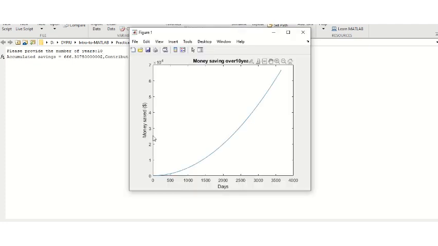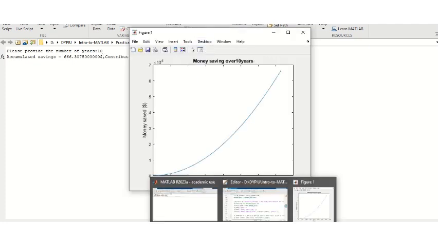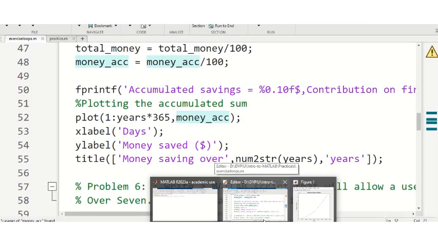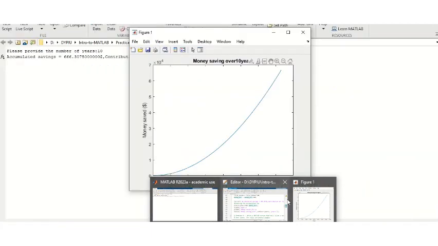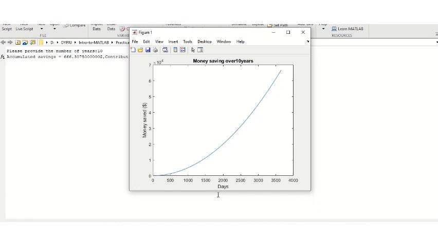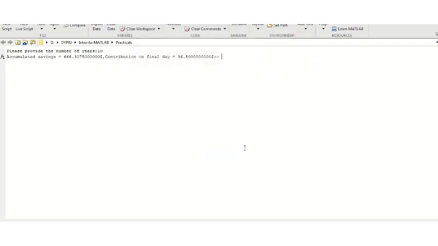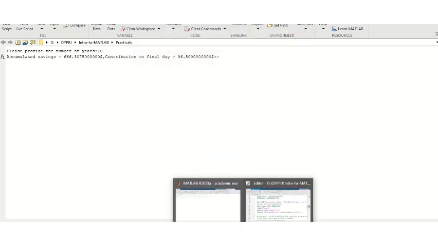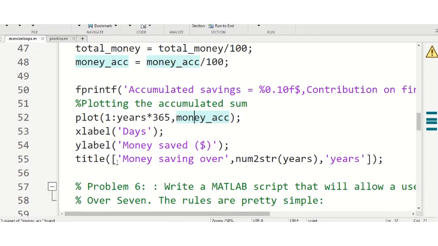In the same program, you may be asked to plot the number of years against the money accumulated, the money saved versus money saving over the total years. So we add the X label, Y label, and title here.